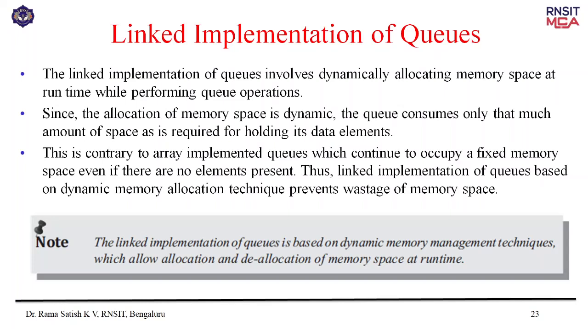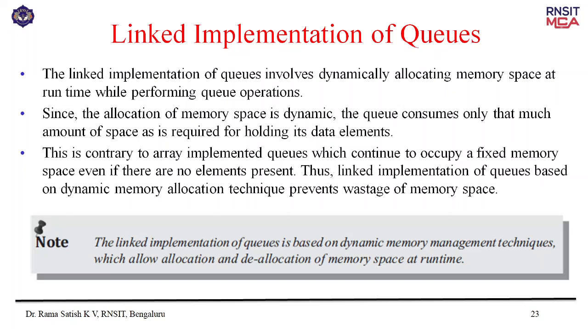Similarly, whenever you delete a node or delete data, what happens? Deallocation of memory space is done at runtime, which is really a very good, efficient way of handling memory management.